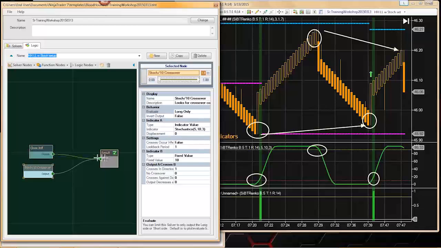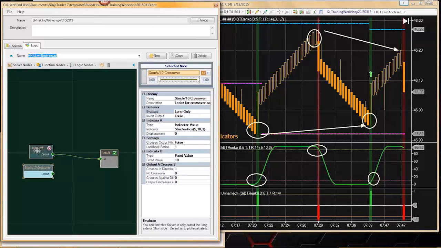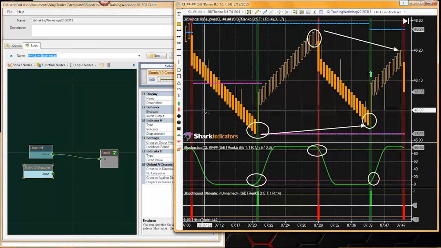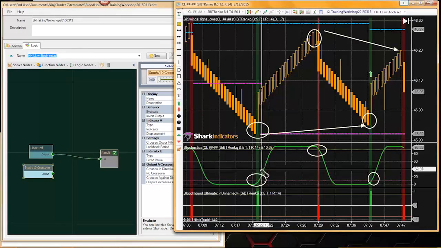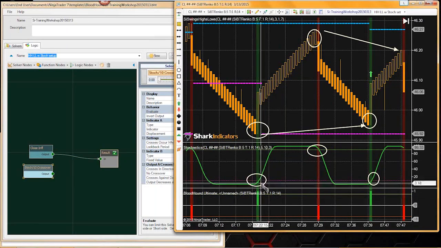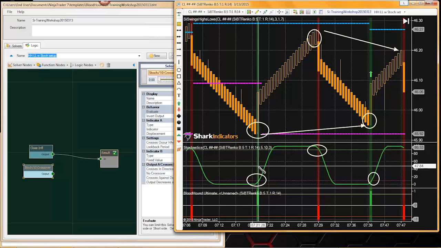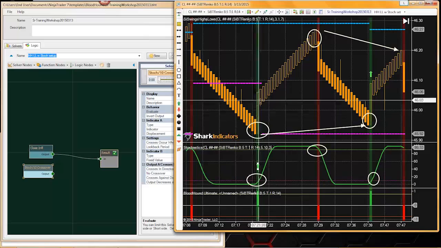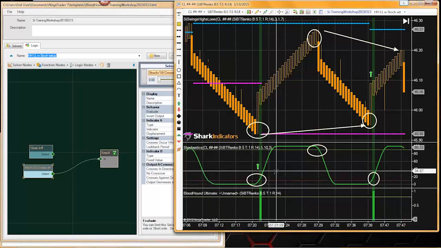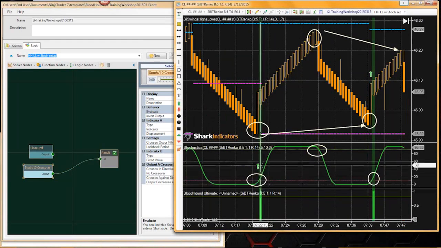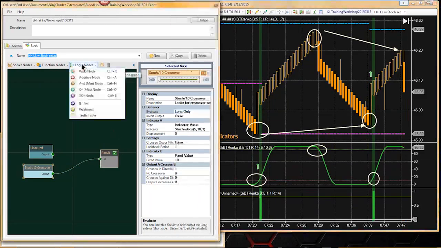So the one that happens first happens to be the price inflection. Let me mark this here. That's the price reversal right there, and that's happening first. If we take a look at the stochastics cross, we can see it's happening 1 bar later.